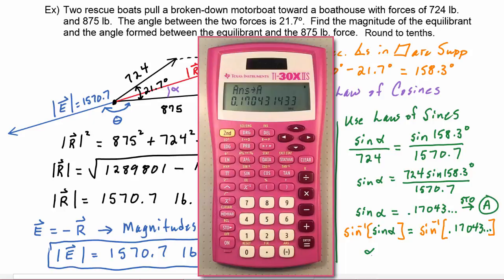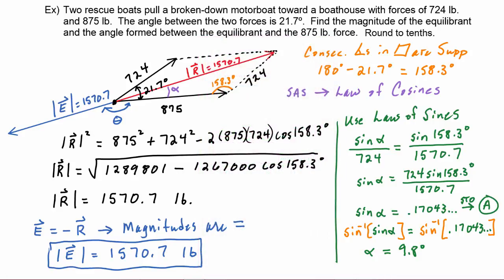Solving for alpha, we have to do the sine inverse of memory variable A, and we find out that alpha is 9.8 degrees, rounded to the tenths place. So if we put that in our picture, we know that because theta and alpha are a linear pair, they're going to be supplementary to each other.